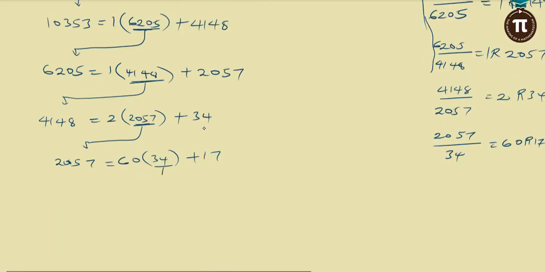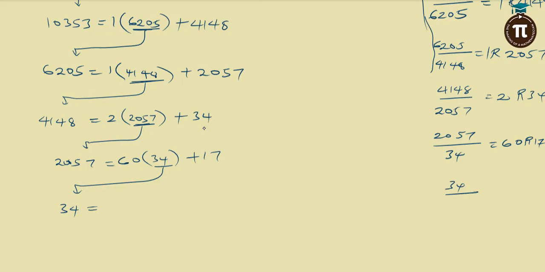What is in the bracket? 34 is equal to, I will say 34 now divided by the remainder 17. That's 2 remainder 0. So this means 2 times 17 plus 0. So since I have 0 as my remainder, I will stop here.